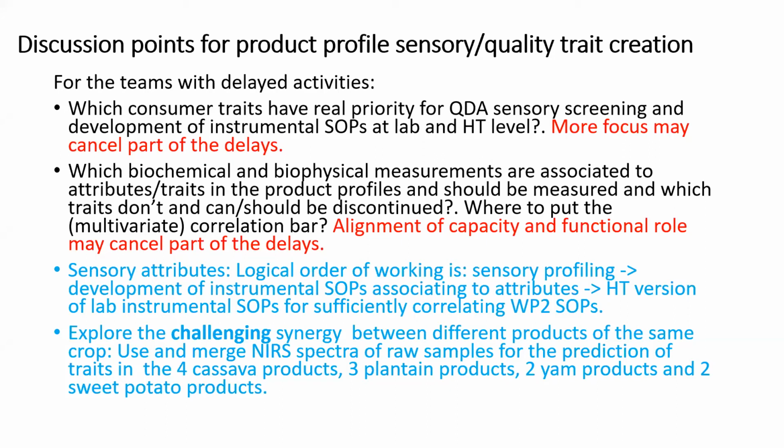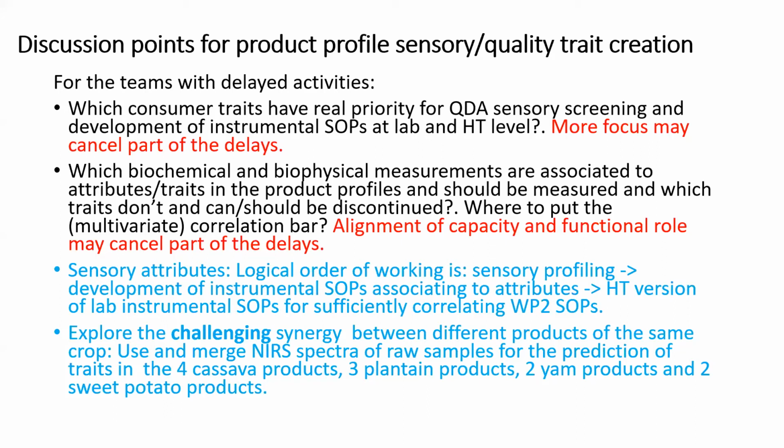You have to remember that most attributes can be approached in a multivariate way, and that a combination of measurements may do a better job than single correlations. That is a remark and recommendation I gave to quite some teams in the Q&A files. So the alignment, capacity and functional role of measurements may cancel part of the delays.